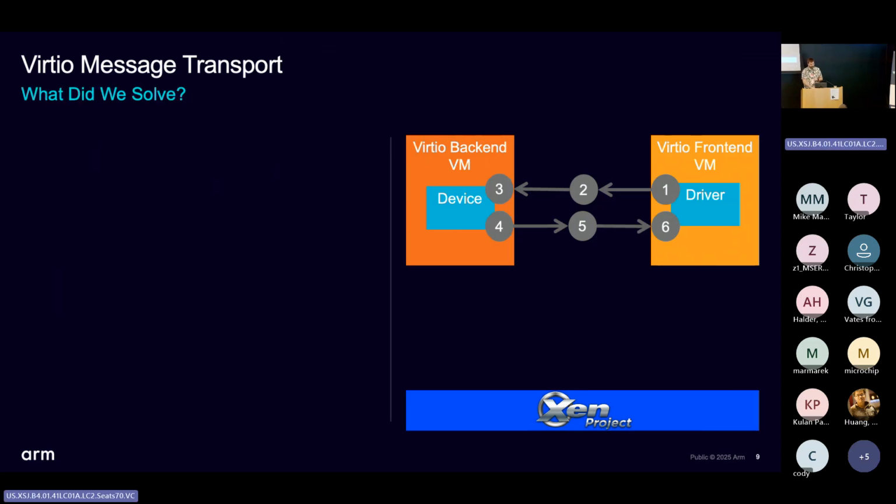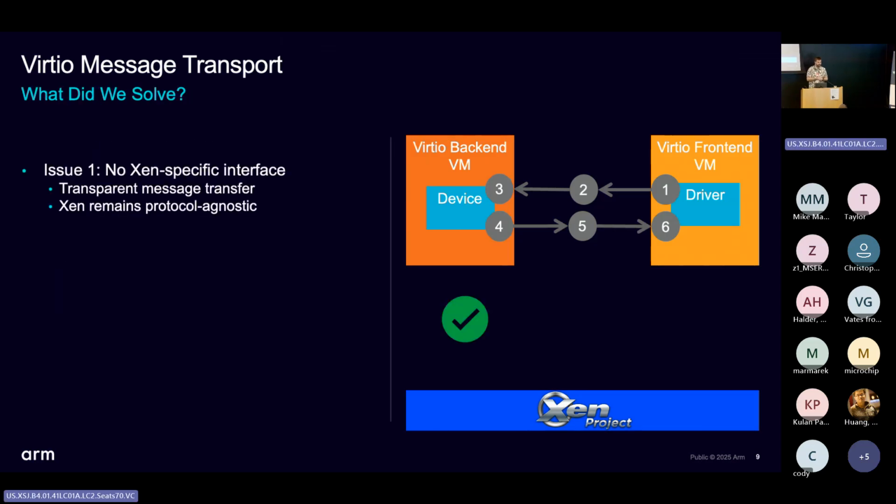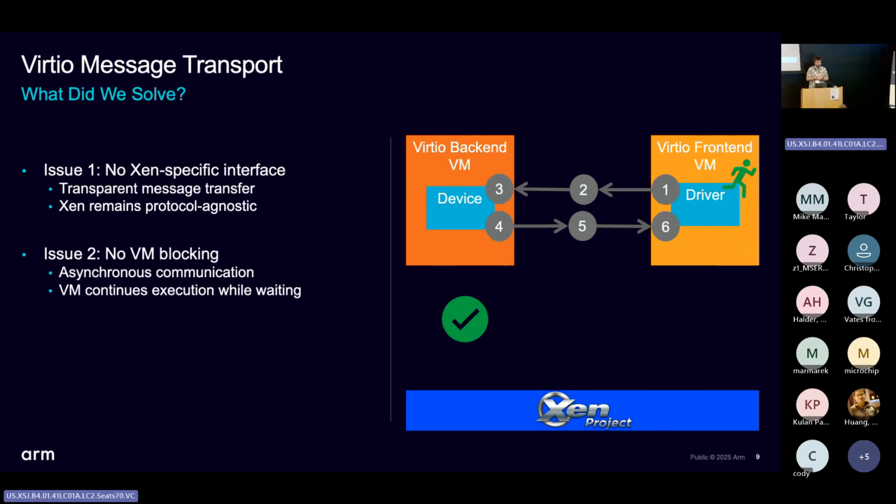So what did we solve here? First, we don't have any Xen-specific interface. We have exchanged messages. Xen is only saying that VM1 has sent a message to VM2, by whatever means. Issue 2 was that our accesses were atomic.